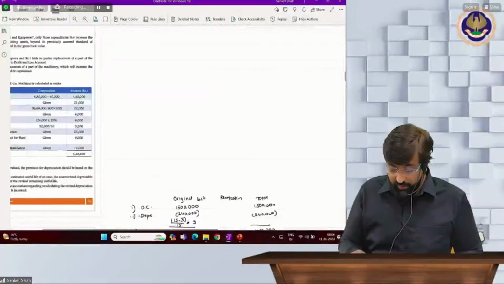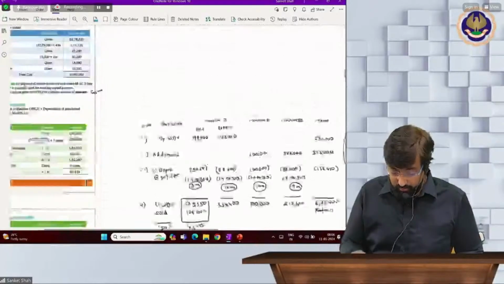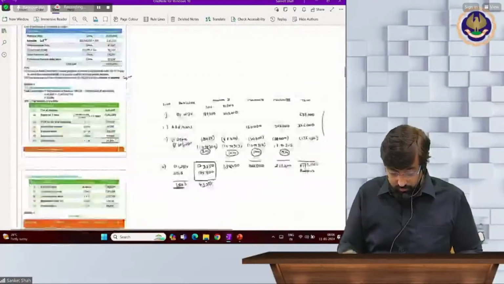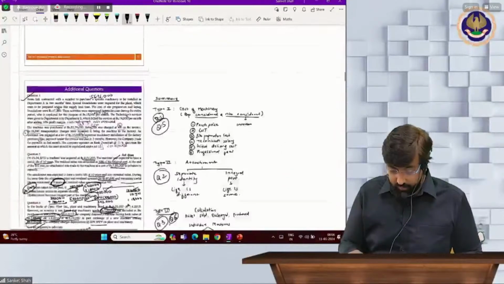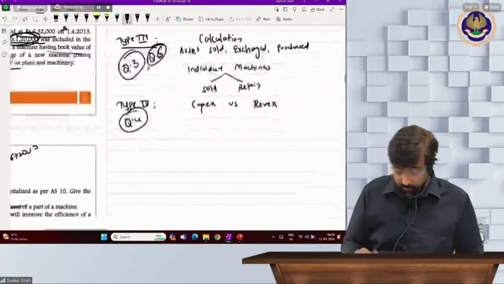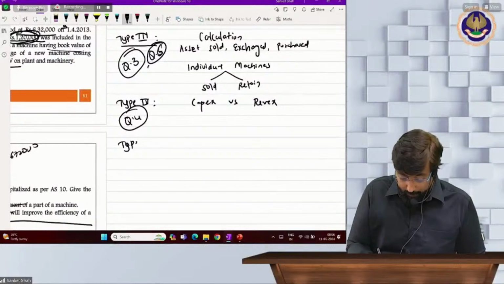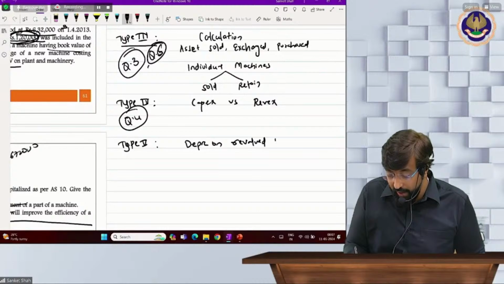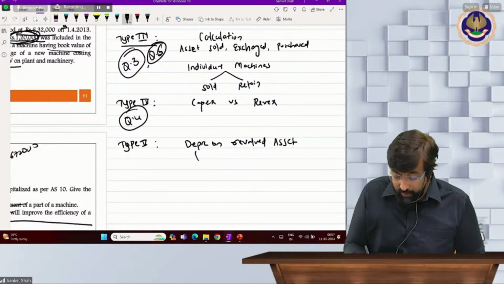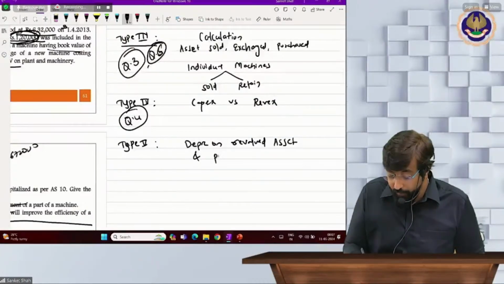Yes, you can write the next type for this. Next type, write down. Type 5: depreciation on revalued asset and profit or loss on sale.